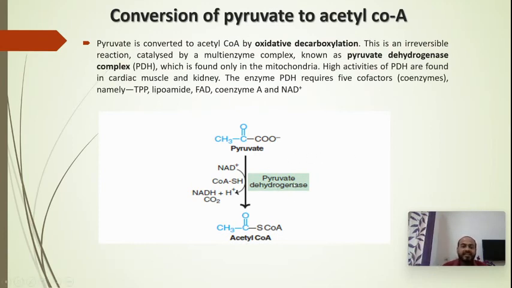As I discussed in our last lecture, the role of any dehydrogenase enzyme is to remove hydrogen from the substrate, and that hydrogen is accepted by the cofactor NAD plus. Once hydrogen is accepted by NAD plus, it is converted into NADH. That means NAD is reduced to NADH in the presence of any dehydrogenase enzyme.